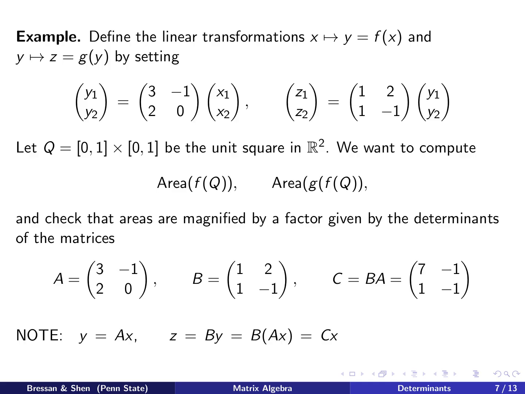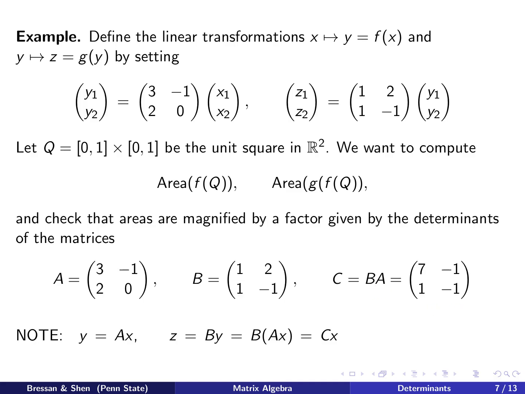And then we want to compute the area of F of Q, and then the area of the composition G of F of Q. And we want to check if the areas are magnified by a factor as we stated before, that is the determinant of the matrix A and the determinant of the matrix B for the first and second linear transformations, and the determinant of C, which is B times A, that will be the composition of the transformations G of F of Q. Okay, so we can work out the product now, B times A, because we'll need that.